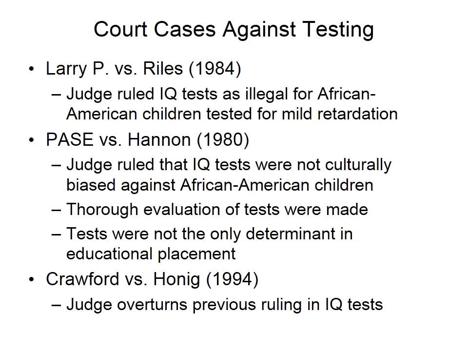But also in 1994, Crawford versus Honing, a judge overturned many previous rulings on IQ tests. Generally speaking, where we're at today as far as cognitive ability testing and possible violations of federal law, including the Civil Rights Act, is that if you're solely using a cognitive ability test to make a determination, with no other tests being used in conjunction, and it is also resulting in adverse impact, then it is very hard for an organization to show that that is the best way to test for that job.